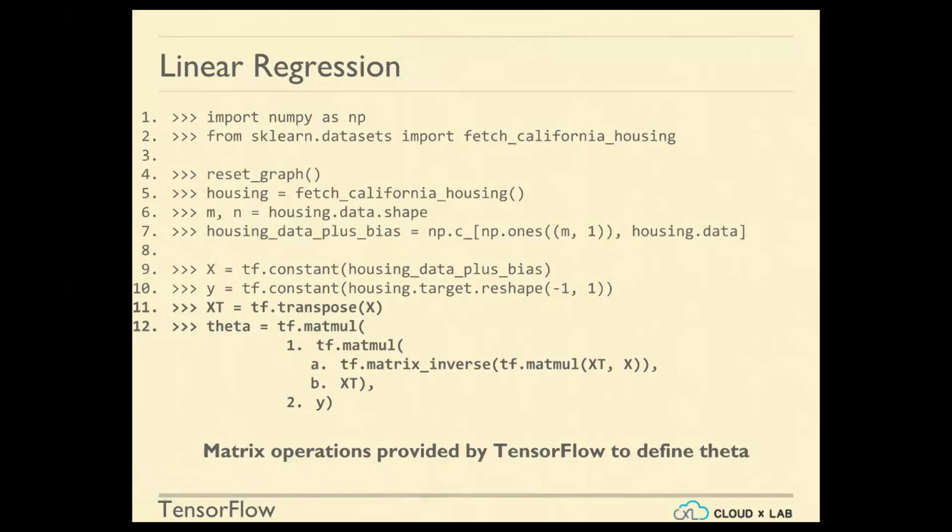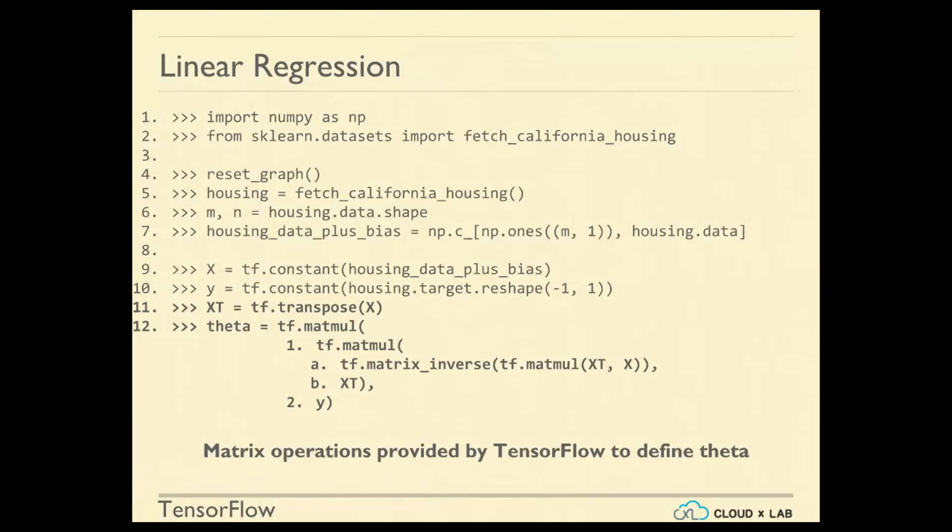So we basically imported NumPy, because we needed to concatenate columns. Then we imported the housing data set, and afterwards we added a bias, one to each column, and we defined our capital X, that is the features, with the bias added.